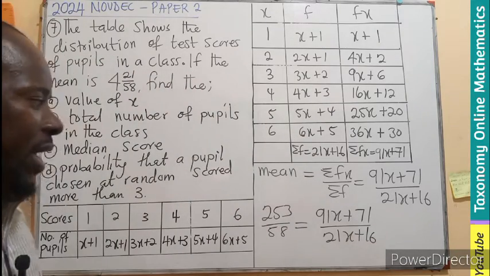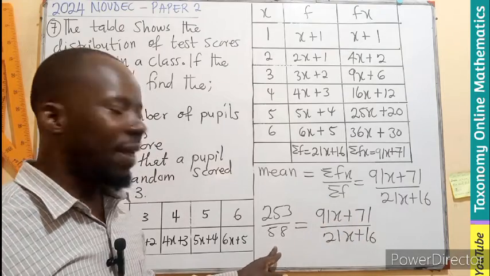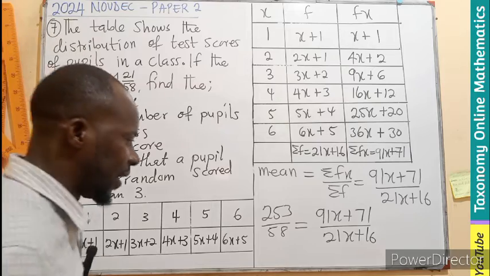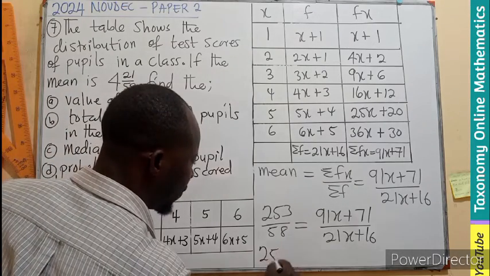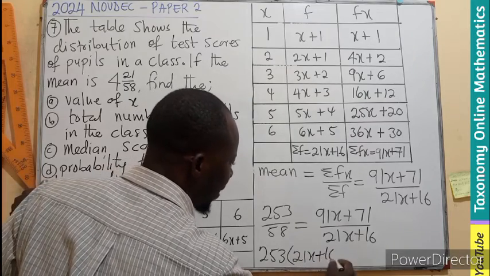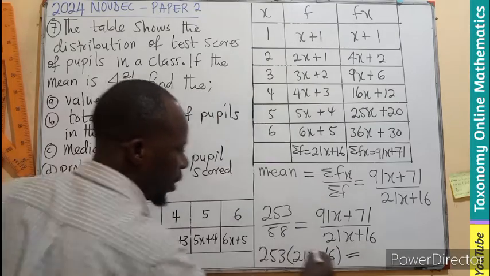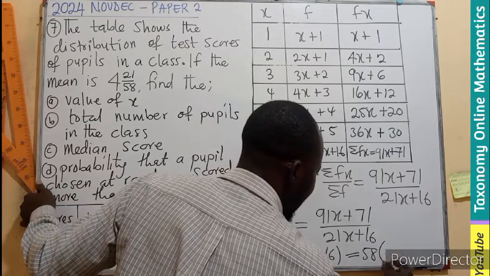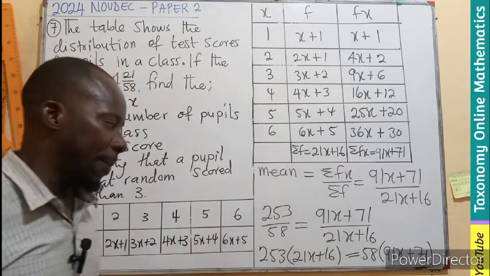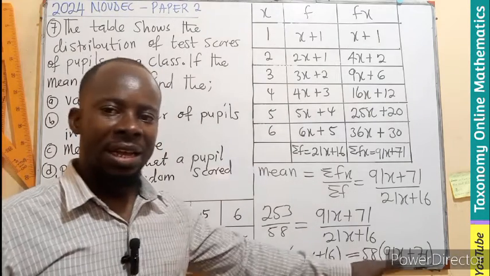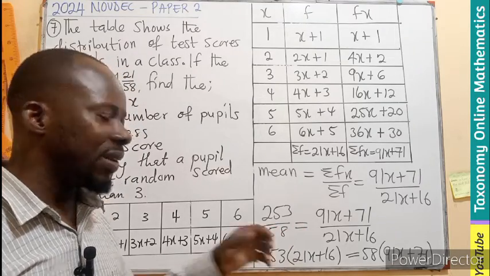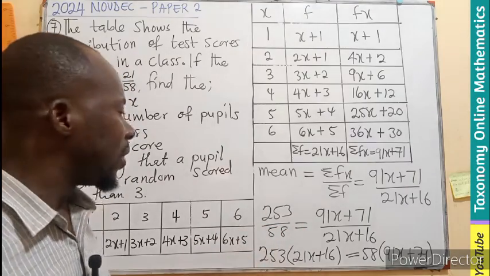So we know from here we need to cross multiply in order to get rid of the fraction. So 253 multiplying 21x plus 16 should equal 58 times 91x plus 71. So this becomes linear, in terms of fractions we're able to deal with that. We need to expand this bracket to group like terms to see how the x will look.